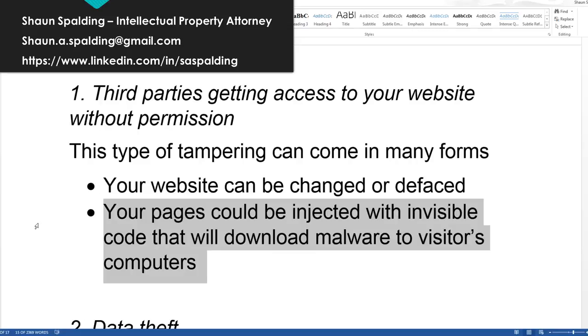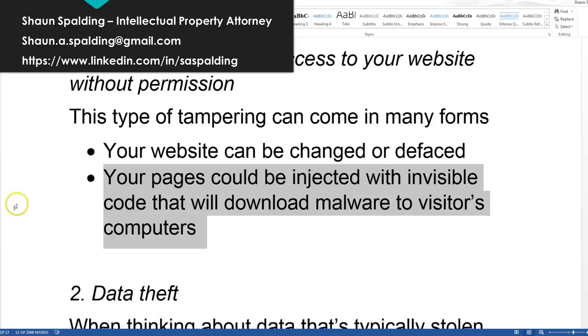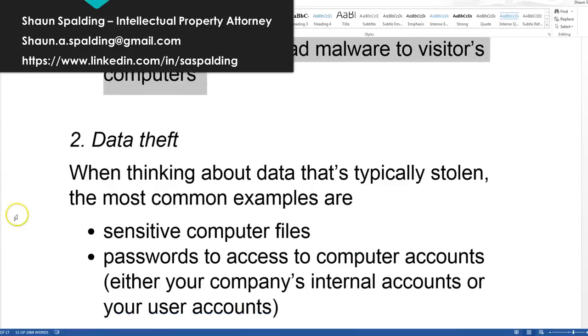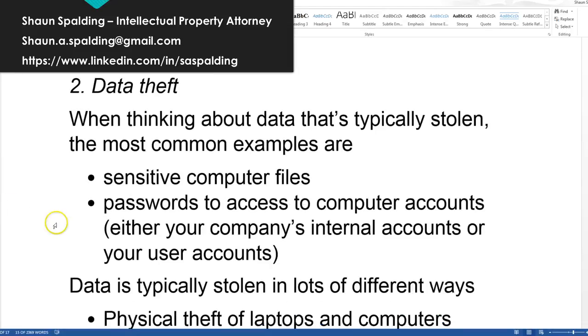And so that's one of the things that you should make sure of: that your host is secure, and your content management system like WordPress is up to date and everything like that. And those are some ways that you can avoid that, and we'll talk a lot more about that in the best practices section. But moving on, let's talk about data theft.